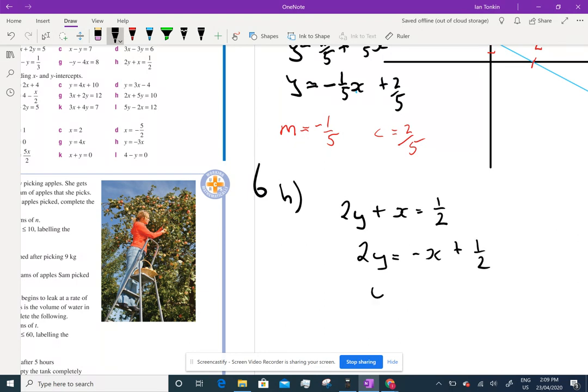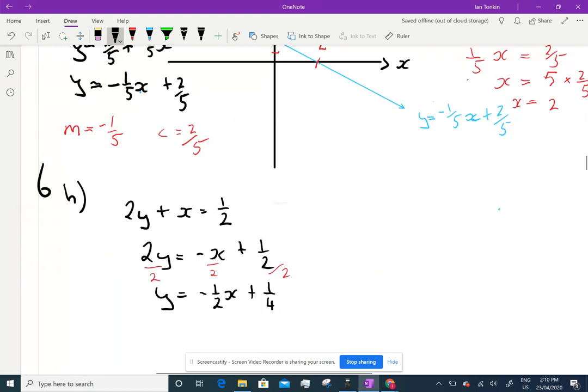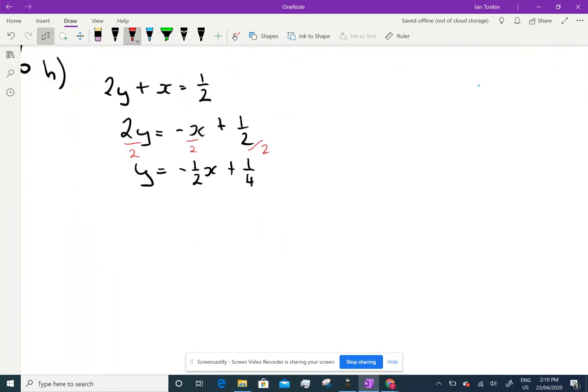And then I have to divide by 2. y equals negative 1/2 x, and 1/2 divided by 2 is 1/4. Remember, I've got to divide everything by 2.